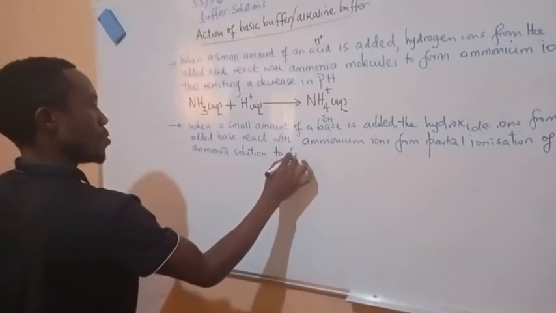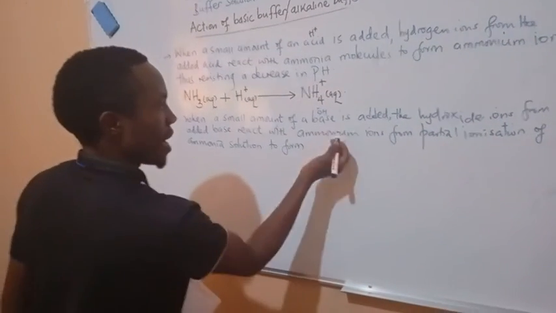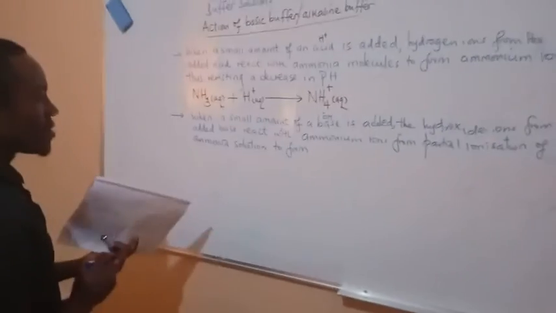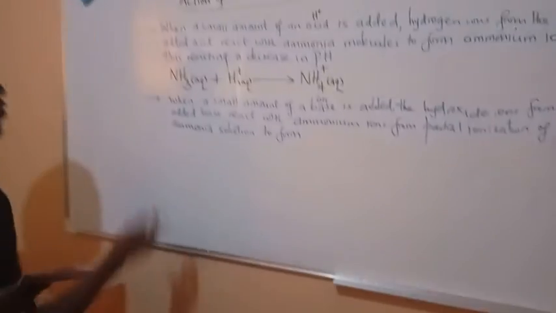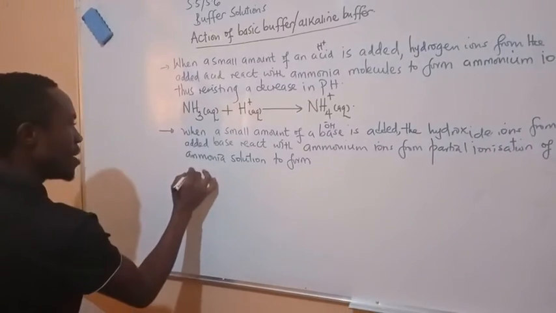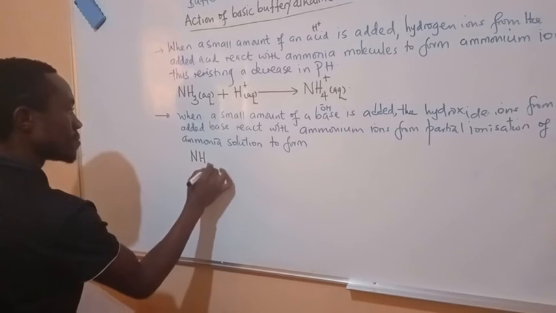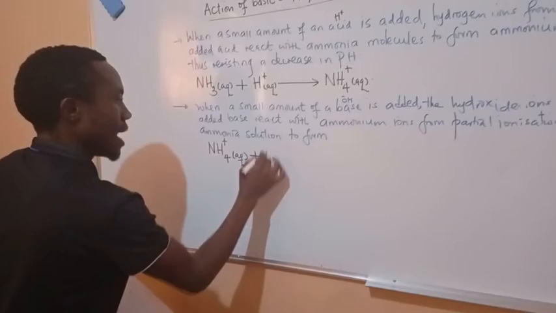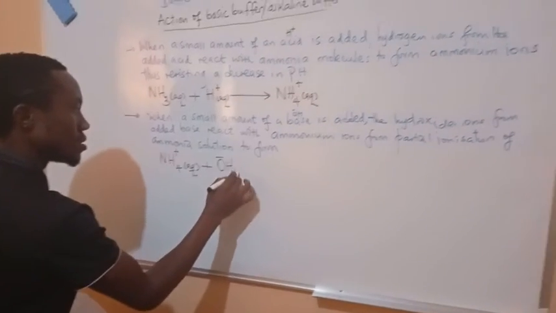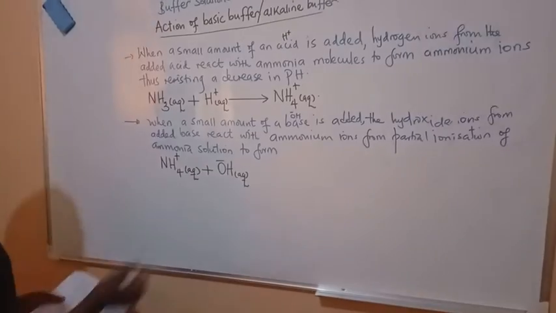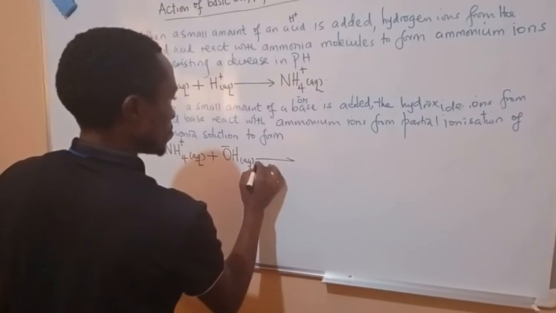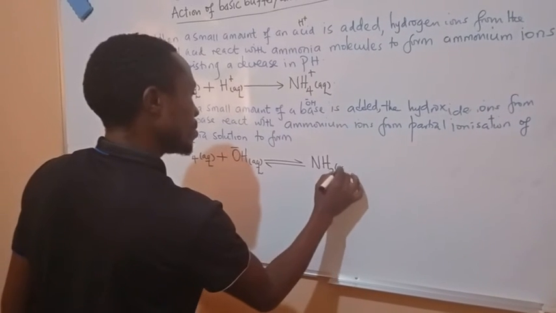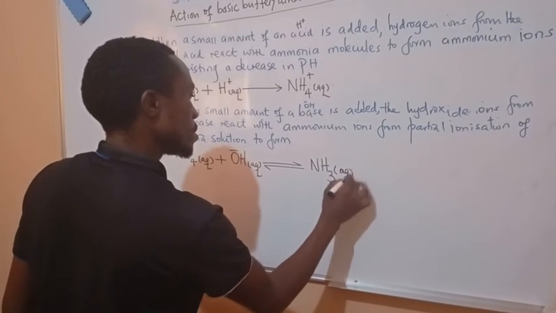To form, what do we form when hydroxide ions react with the ammonium ions? If you are not sure, you can first write the equation. We have ammonium ions plus hydroxide ions. We shall form ammonia molecules and water.